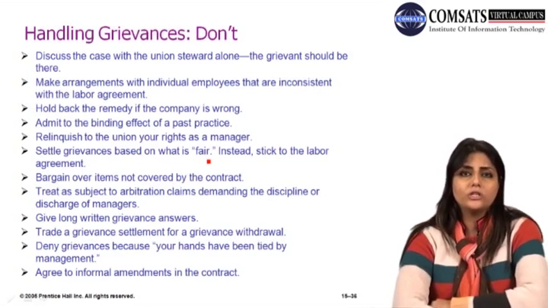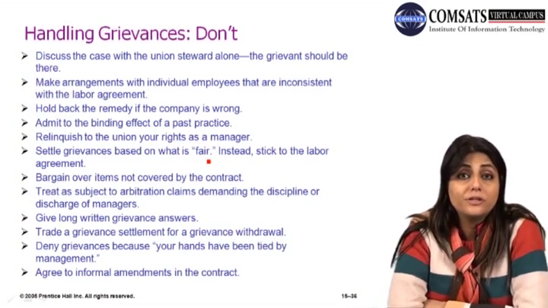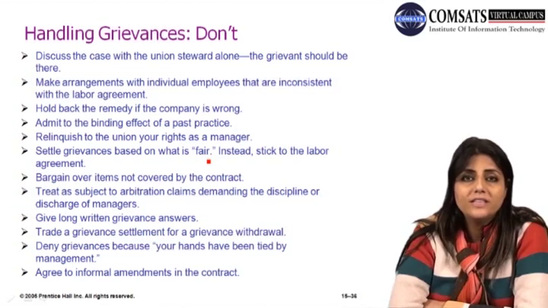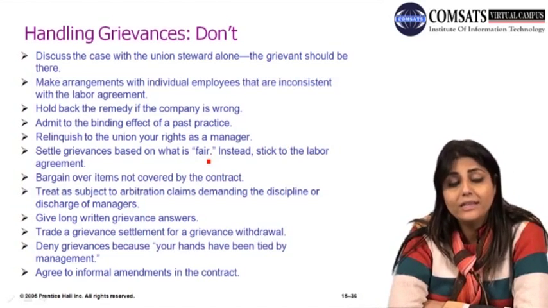So I just jotted down all those different actions that are desirable to handle the grievances, and all those actions that are not desirable when it comes to handling these grievances.